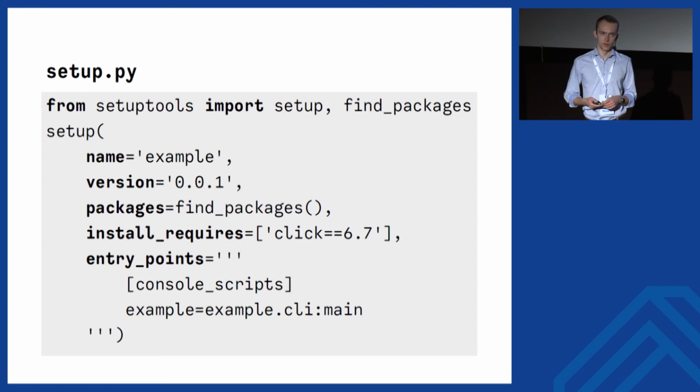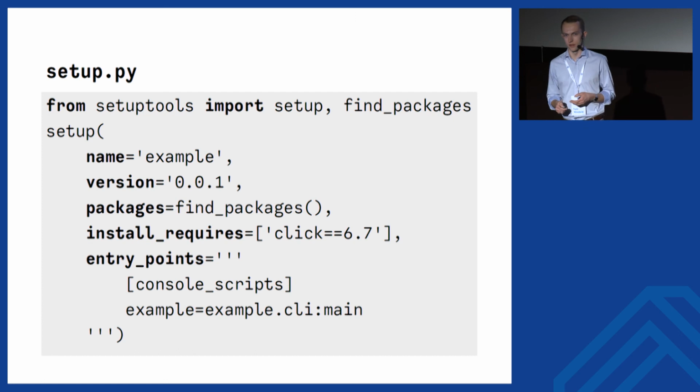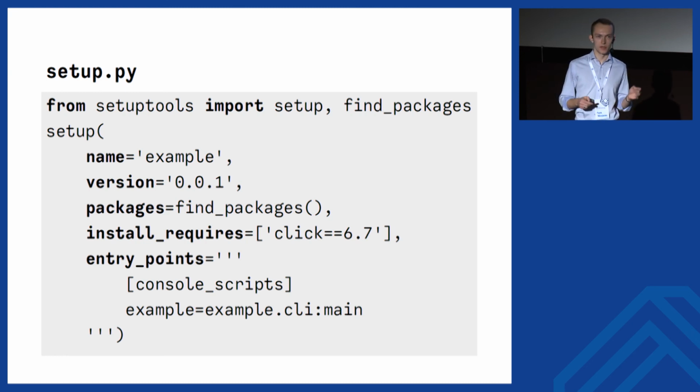You can define all the requirements with the install_requires attribute. So for instance, here we are defining that we require click in version 6.7. And lastly, there's this entry_points parameter, which looks kind of scary, but it's basically a string with this configuration file style content.